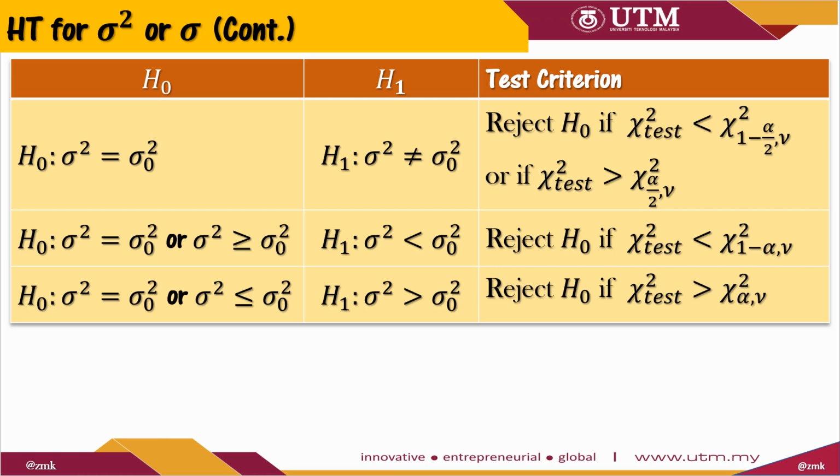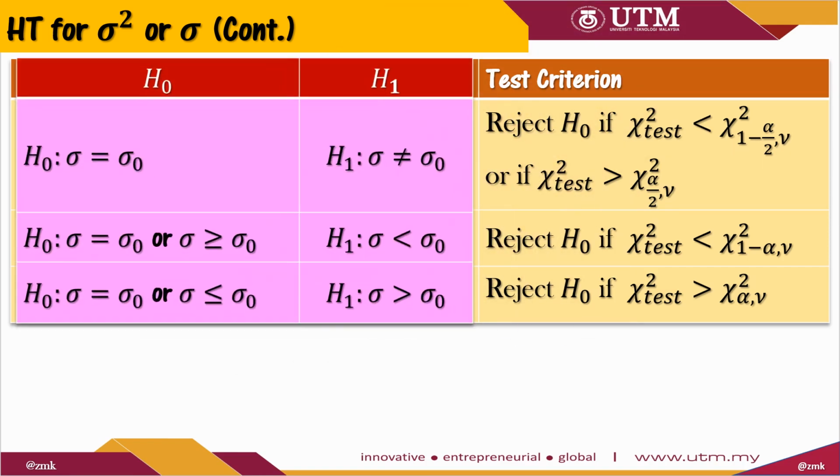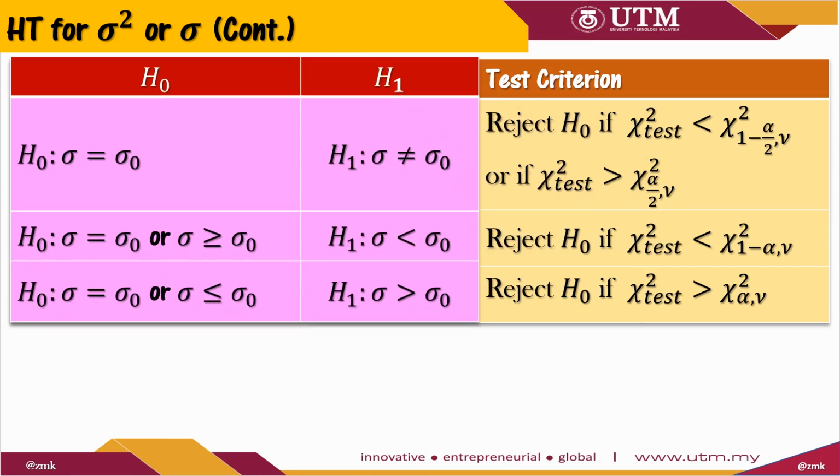As I mentioned earlier, you can use exactly the same method and procedure for testing the population standard deviation sigma. You may only need to state the hypothesis statements on testing the population standard deviation sigma clearly like this. However, when you test sigma, you are actually testing sigma squared as well.